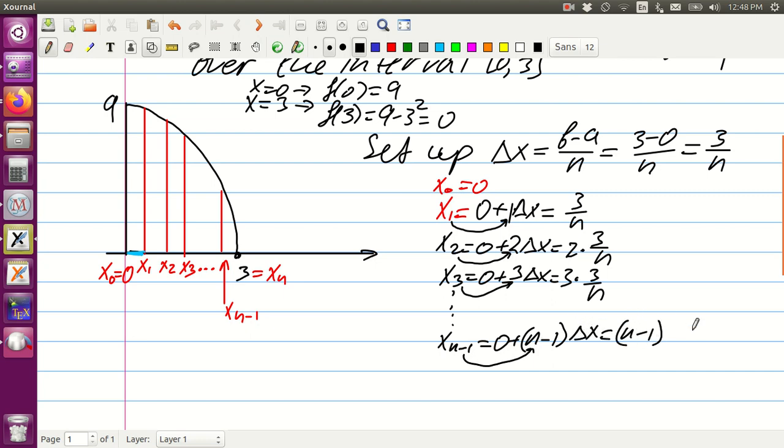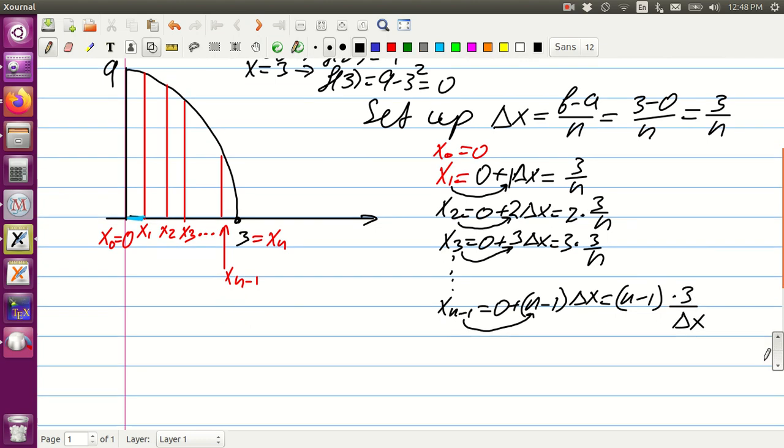And obviously the last term has to be equal to 3. Let's see if we get it using our formula: n times 3 over n. Indeed, it matches up. It is 3. So we did everything right.